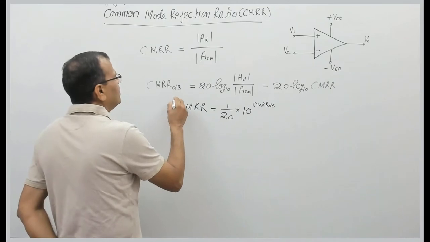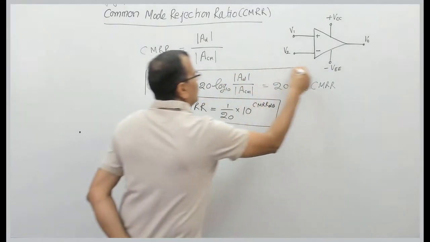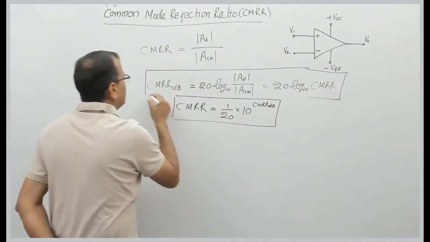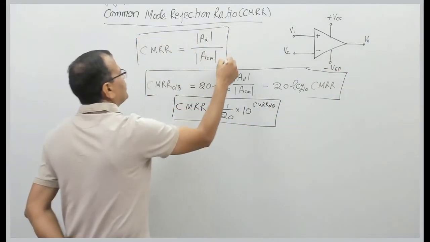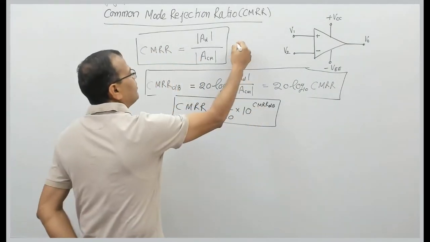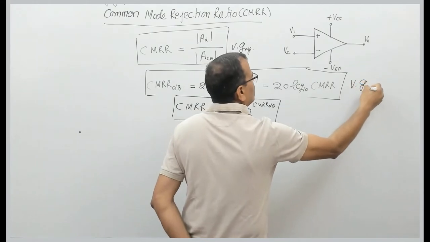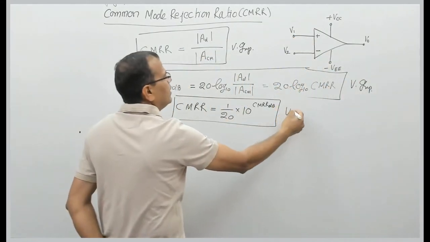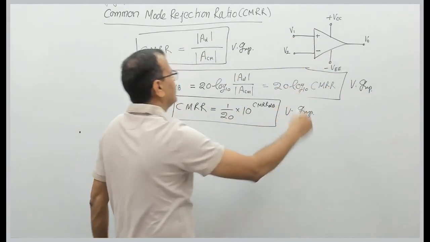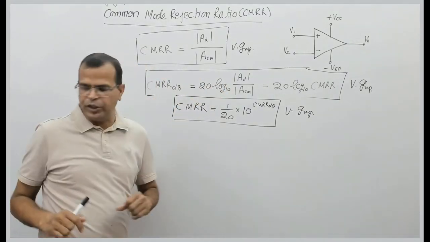That is simple CMRR. So you should remember the common mode rejection ratio in decibels as well as the simple fraction of this. This is very important from the examination point of view. You have a lot of numericals, small objective type questions. This is very important. So please do remember all these expressions.